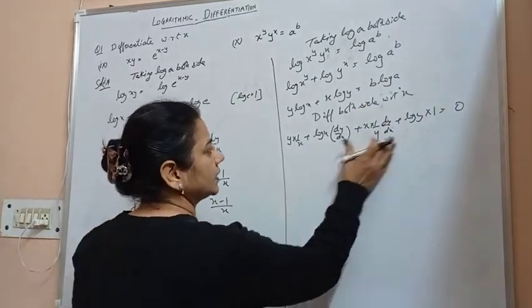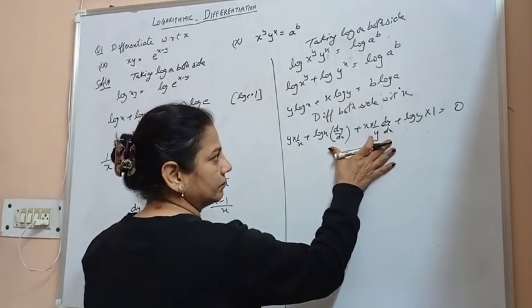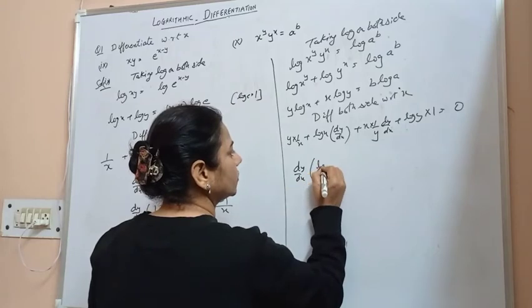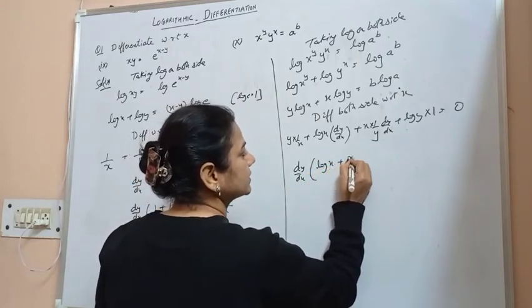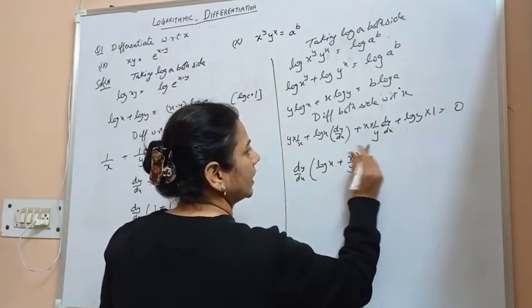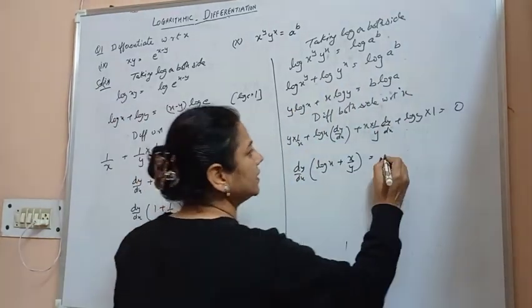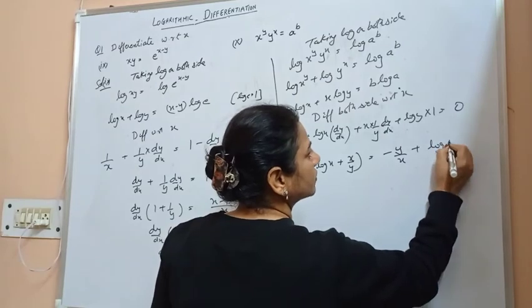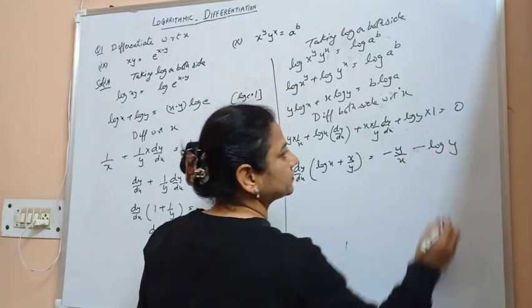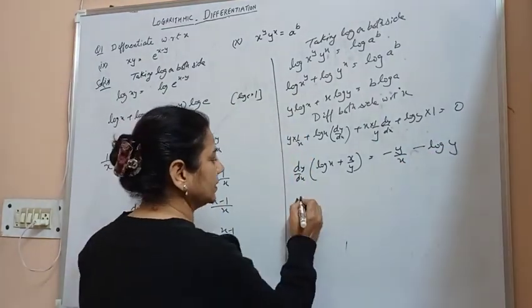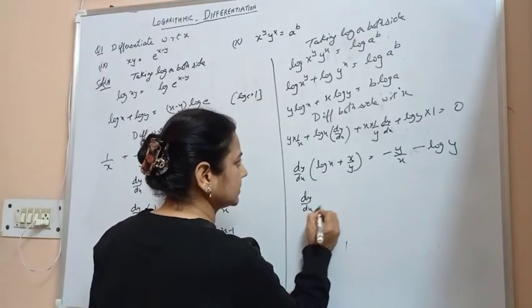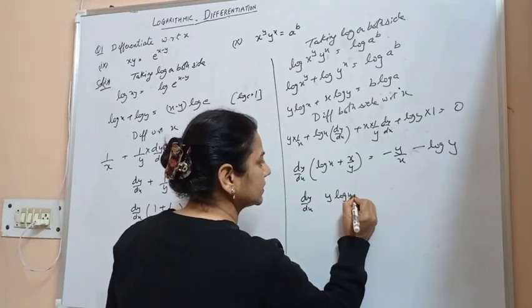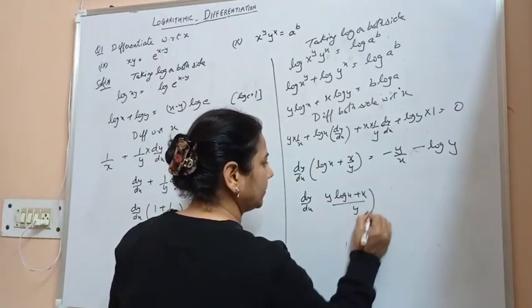So here I combine the values with dy by dx. So dy by dx is equal to log x plus x upon y, and other terms I take to the right hand side, minus y upon x plus log y. So I get dy by dx, take the LCM, y times log x plus x upon y.